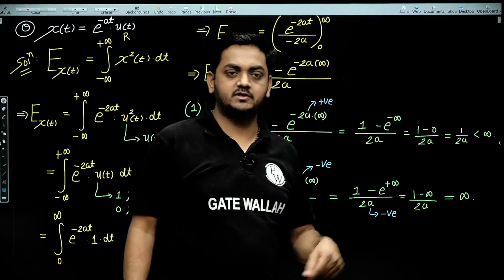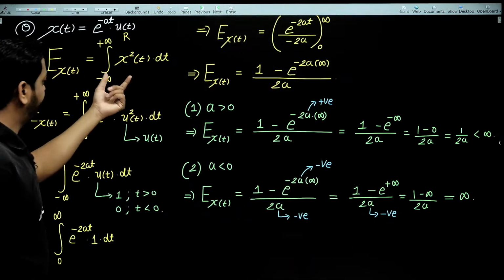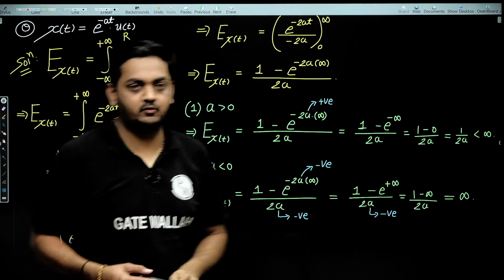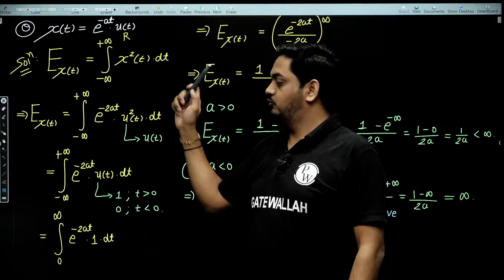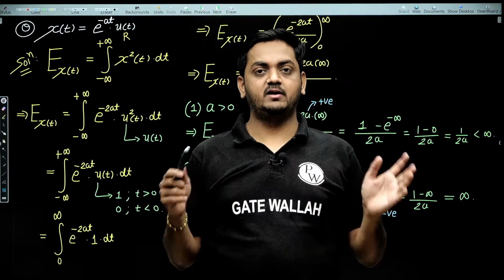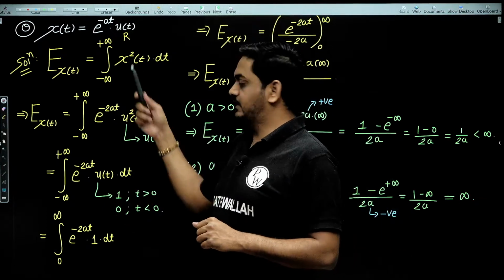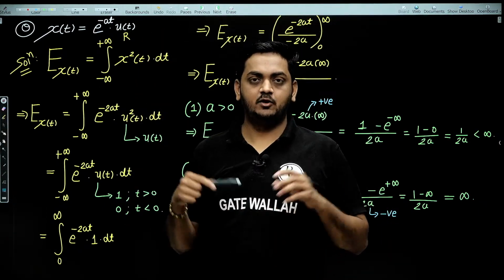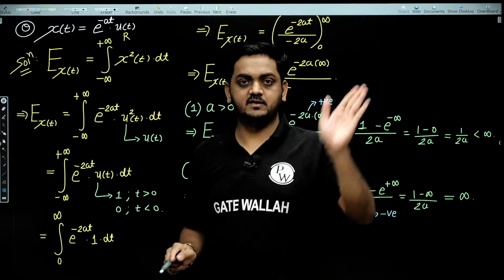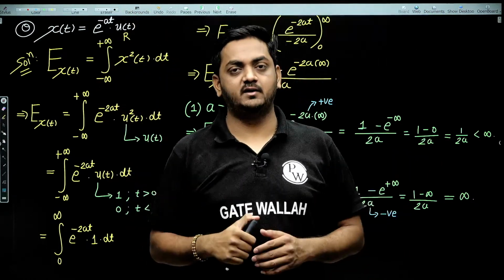For an increasing function, the energy will always be infinite. You can see in the formula, if x of t is an infinite-duration increasing function, you simply have to square the signal x of t and then find the area. Integration means area. So if x of t is an increasing function, of course the total area will be infinite, whether it is right-side or left-side increasing.